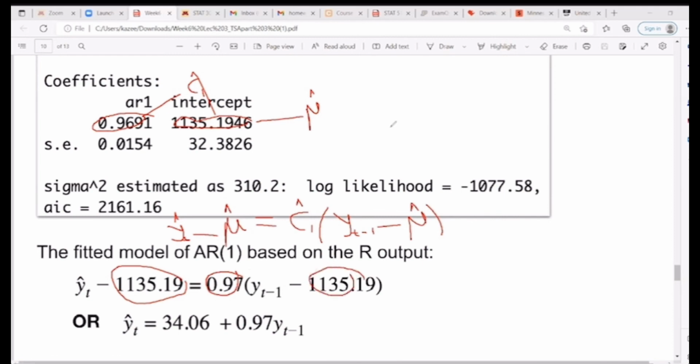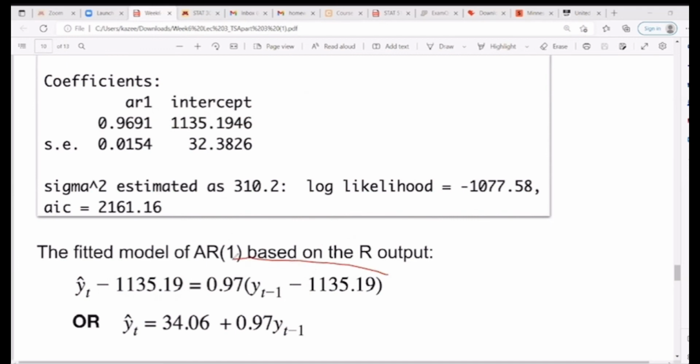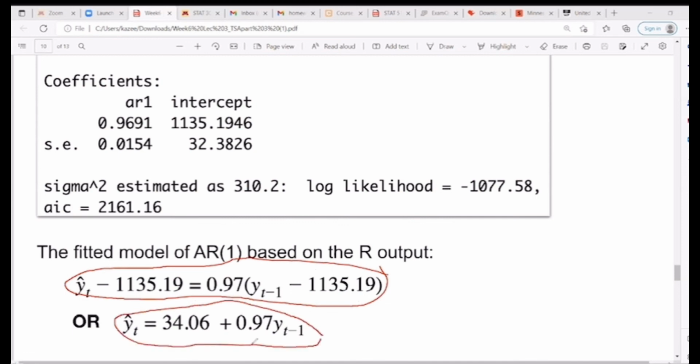And don't forget, I told you the other time, you need to simplify this model. When you simplify it, you end up here. So this is the final model, the one you can use to make a prediction now.